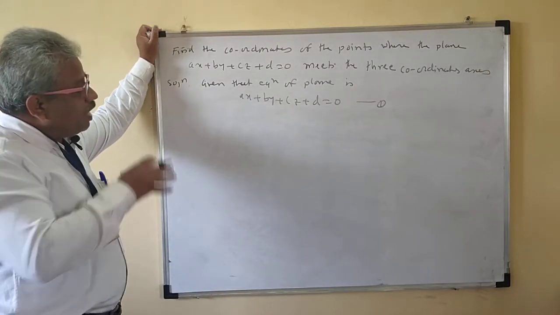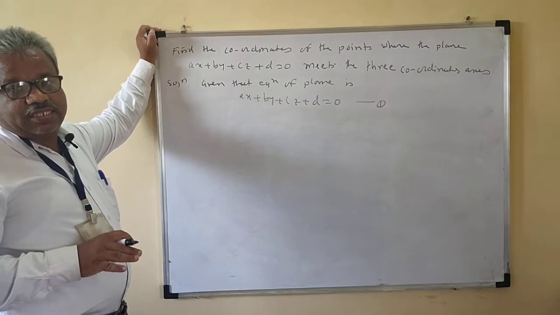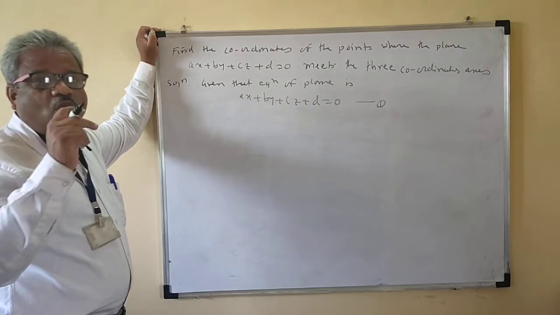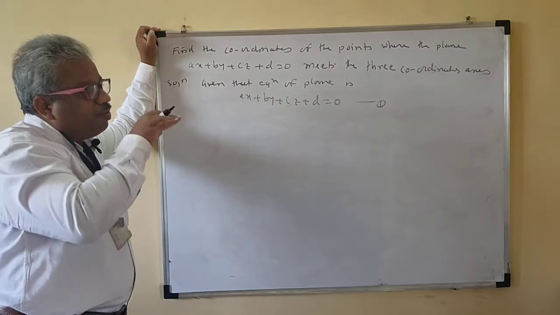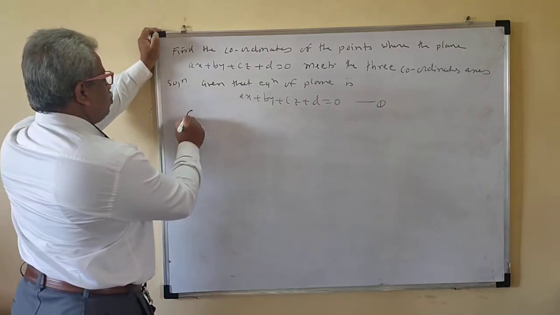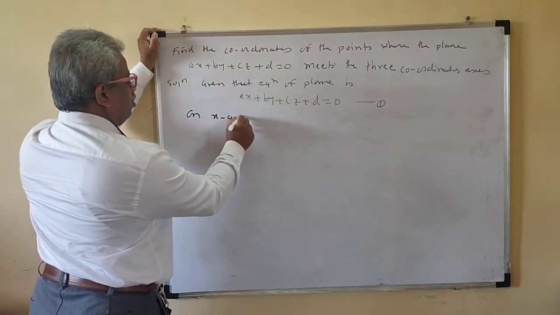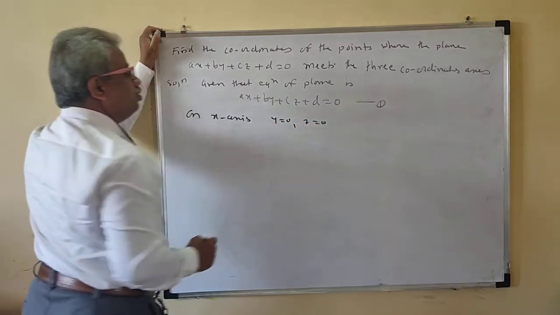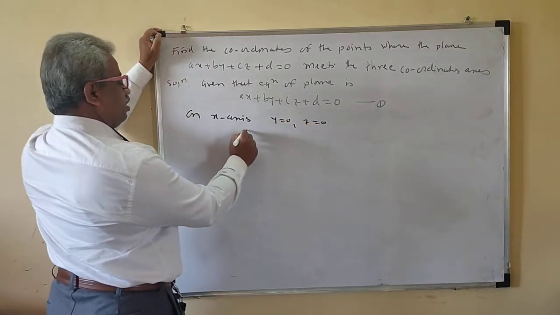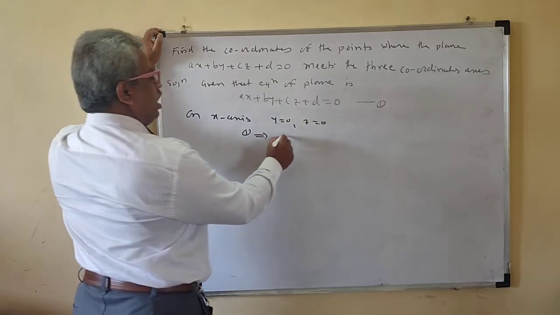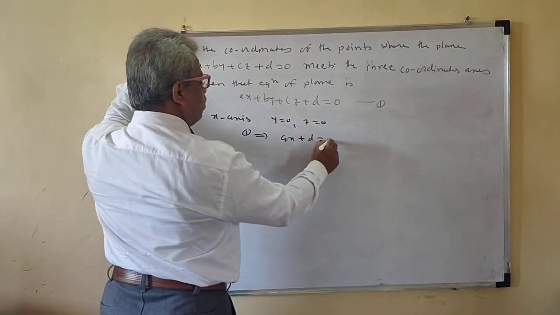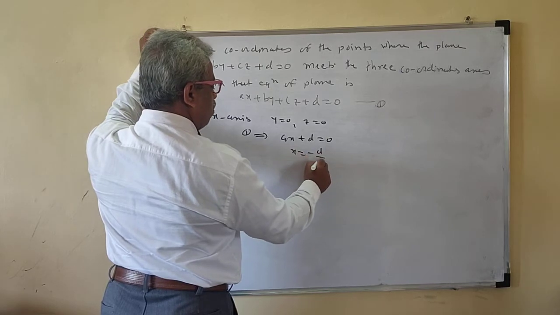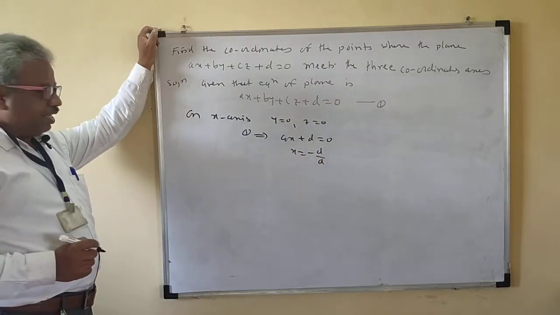I want to find where this plane intersects the x-axis, y-axis, and z-axis. First, the point where this plane meets the x-axis. On the x-axis, y is equal to 0, z is equal to 0. So 1 implies that ax plus d is equal to 0. So x is equal to minus d upon a.